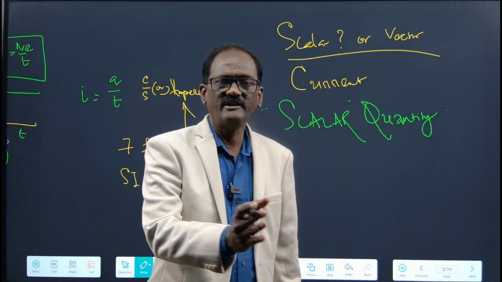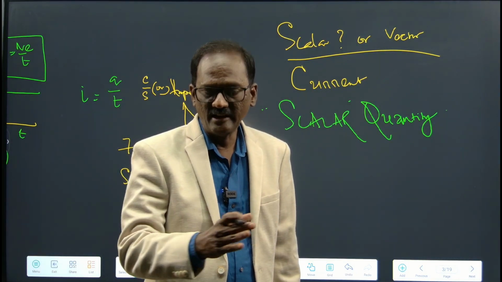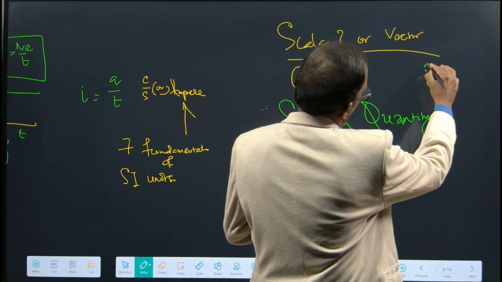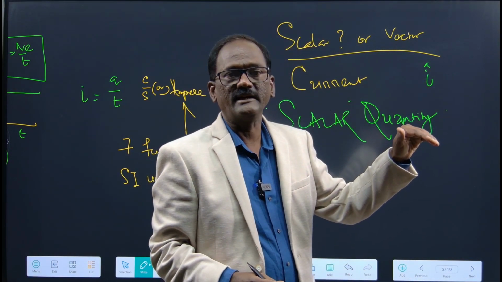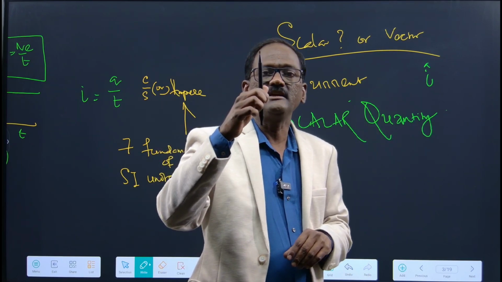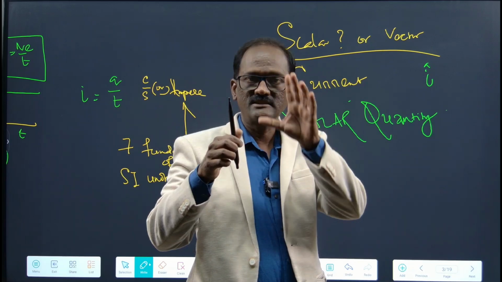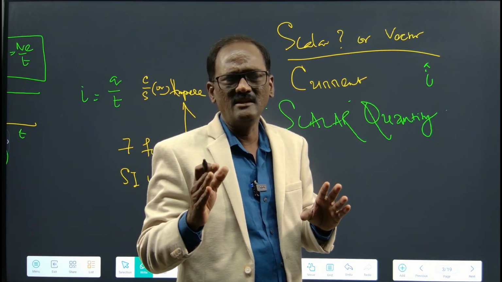It flows in the way how the wire is kept. If the wire is placed in X direction or I cap direction, the current will flow through the I cap direction. If the wire is kept in J cap direction or Y direction, it will flow in the J cap direction or Y direction. Similarly, any direction.